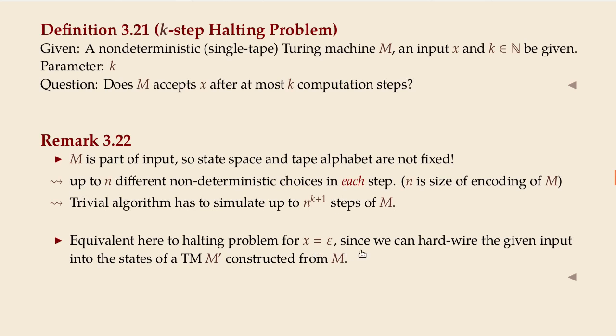A technicality, if you like: you can omit the input and say we hardwire this input into the Turing machine, because the Turing machine itself is part of the input, and we are only asking for the machine's output on a single input. We can also just modify the machine at will.